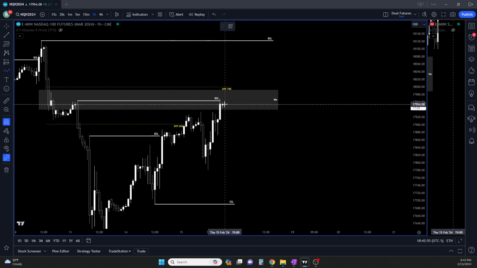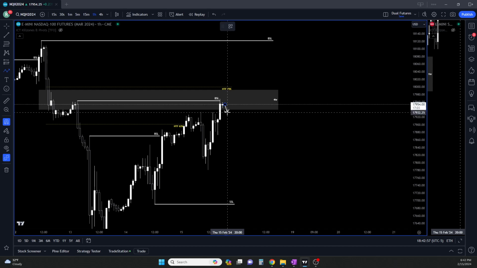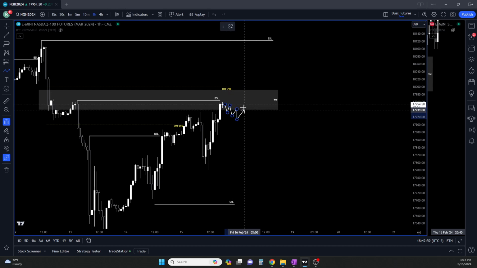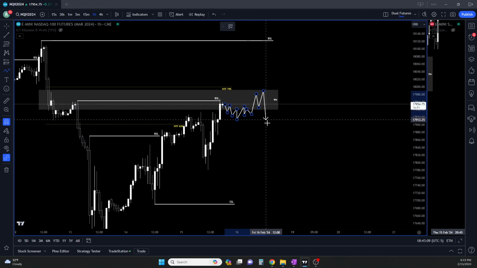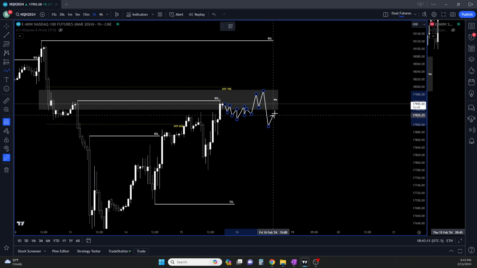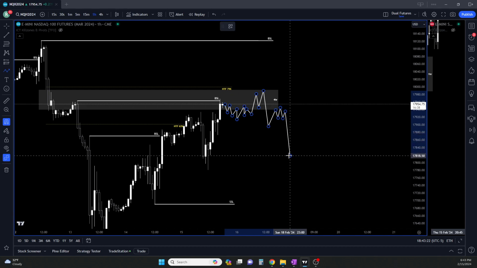But in order to see a sell model, I would have to see, maybe we consolidate during the overnight. We come up, take this internal liquidity, maybe we have another manipulation move, big displacement, maybe we respect a fair value gap in here. Maybe we have another internal manipulation move to the downside.